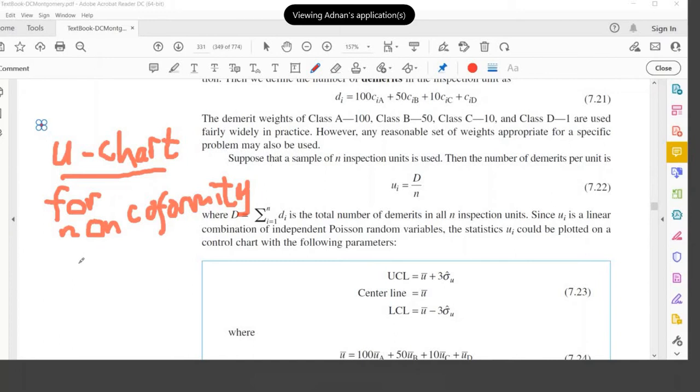Okay, ataupun for defects. Lepas tu saya terang at the beginning that you must have clear understanding what is defects and what is defective. Okay, this is defects.